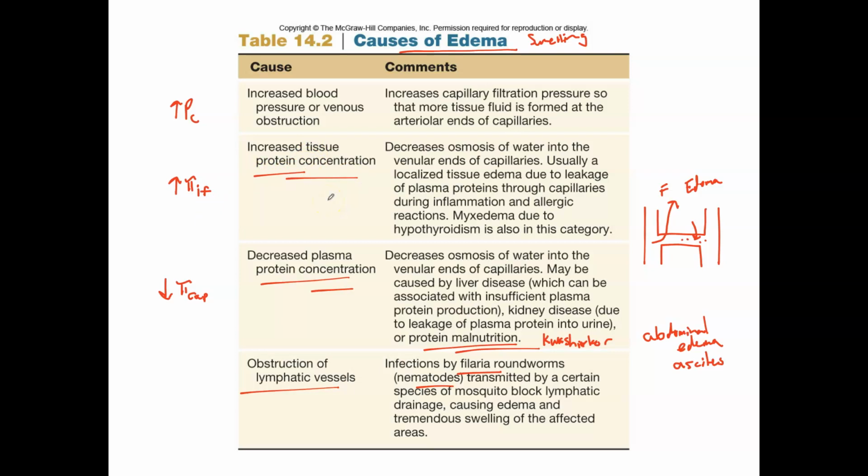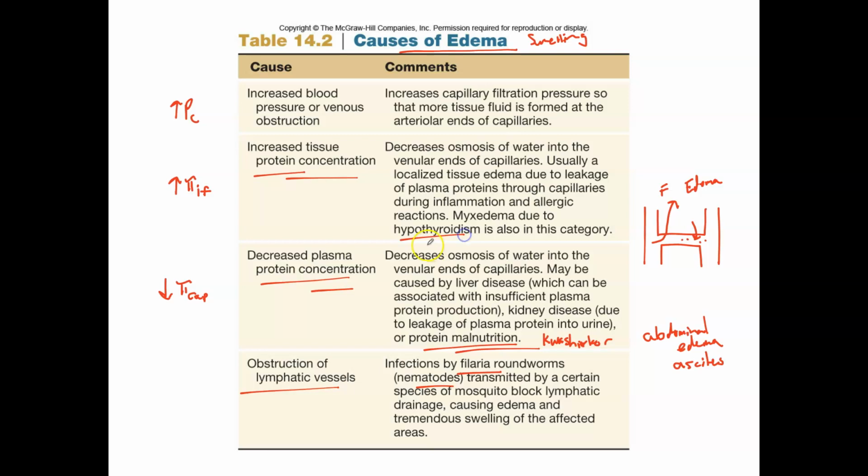So if there's leakage of proteins into the interstitial spaces, this can lead to edema. So what are some things that cause leakage of plasma proteins? Inflammatory conditions, so inflammation within the body. Allergies can cause leakage of plasma proteins, and that's going to draw more fluid out into those interstitial spaces.